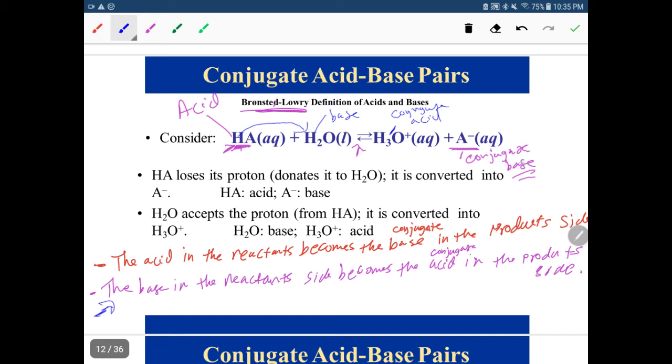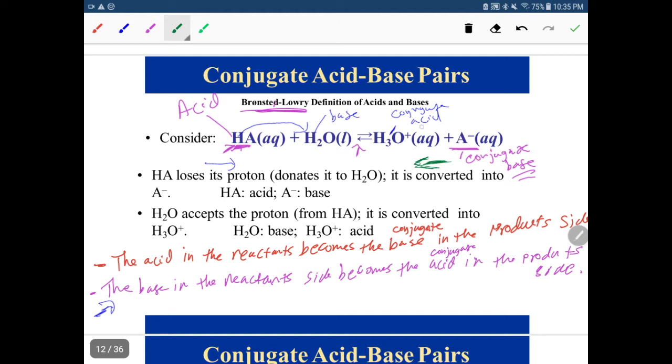So why do we call them conjugate acid and conjugate base? The reason is that in a reversible reaction, in the forward reaction, HA will react with H2O. HA will donate its proton to H2O to produce H3O plus and A minus. In the reverse reaction, it's going to be the opposite.